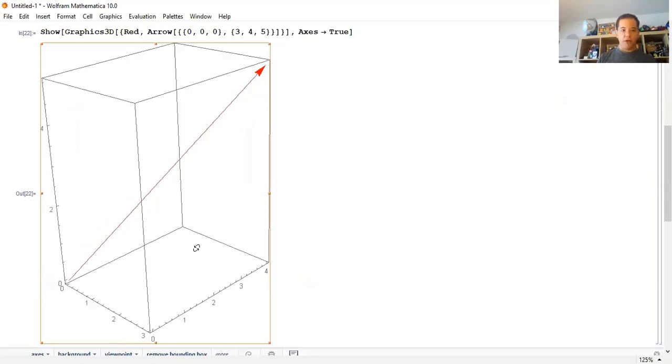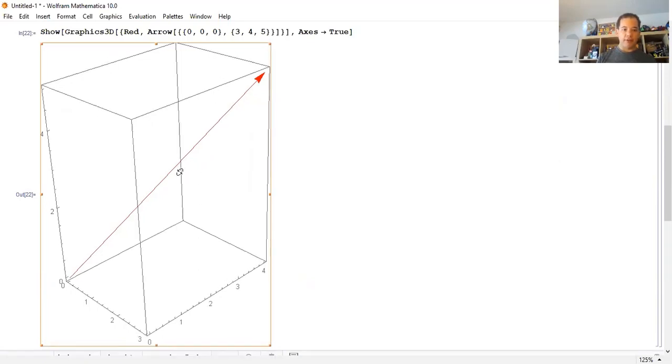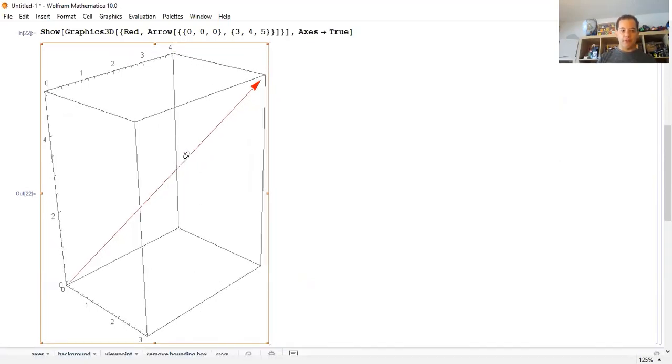The way I have it right now corresponds to the last one that I showed you. So there's 3 units in this direction. There's 4 units in this direction. And then there's 5 units tall. And that's my point. My point is right here at the end of that arrow. That's the point with coordinates 3, 4, 5.